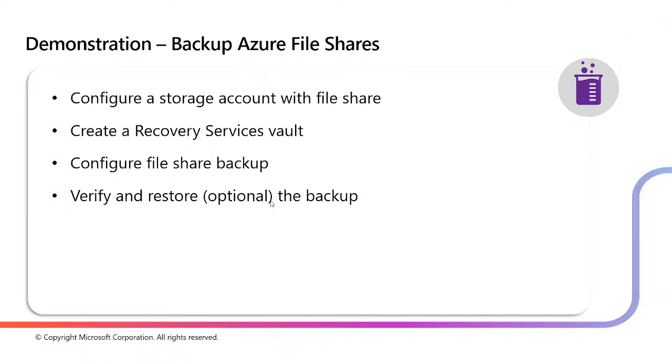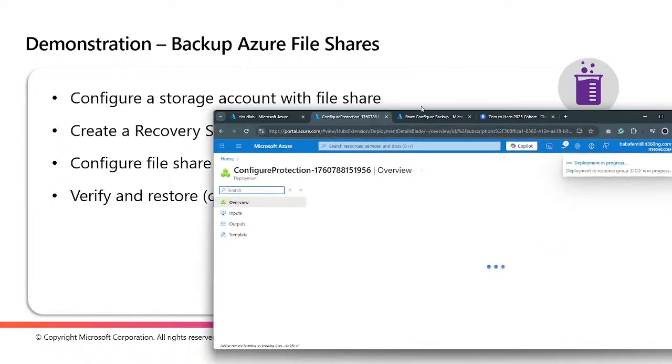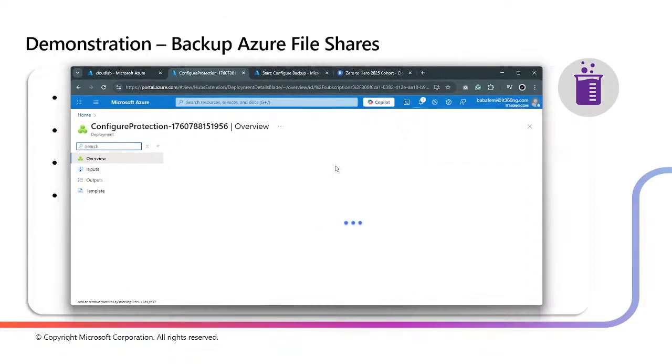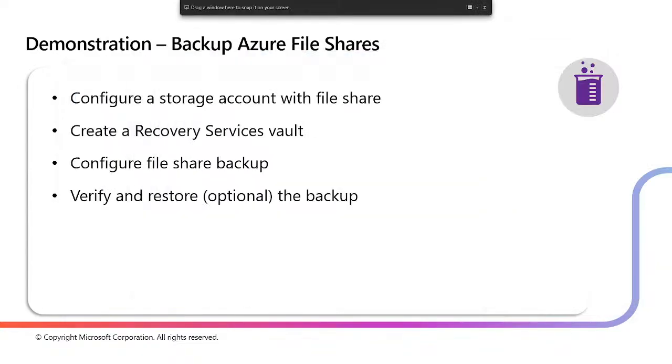So you can verify the backup. Okay, let me just pop it up. Let me just enable it, and we can check it later. So that's been deployed, and once that is done, just like the other resources, we can actually go in there and check what we need to check. But for now, I would take it away.